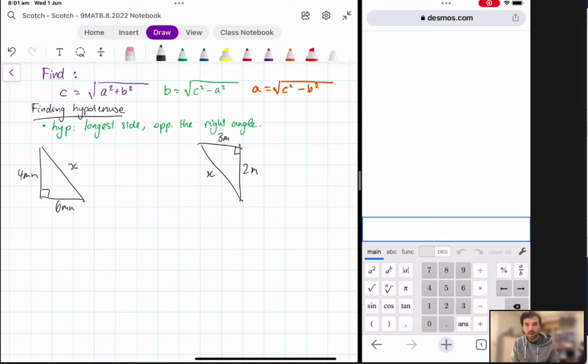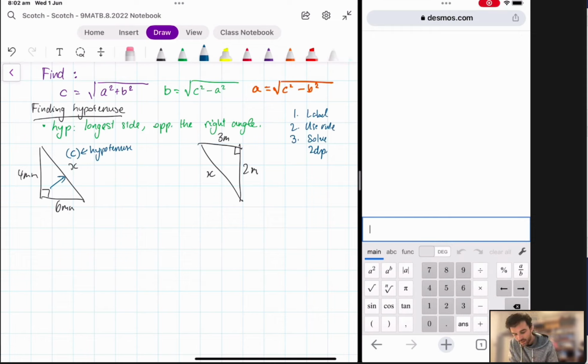There we go. So with this one here, our first step is to label. Second step, use the rule. Third step, solve. And remember, 2DP. So let's go through this. First step is to label. Well, let's label this side C. We know this is C, the hypotenuse, because it's opposite the right angle.